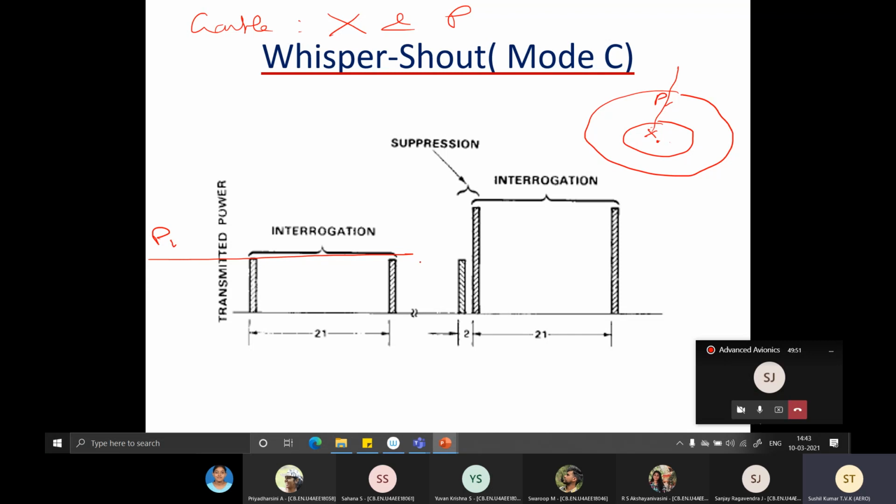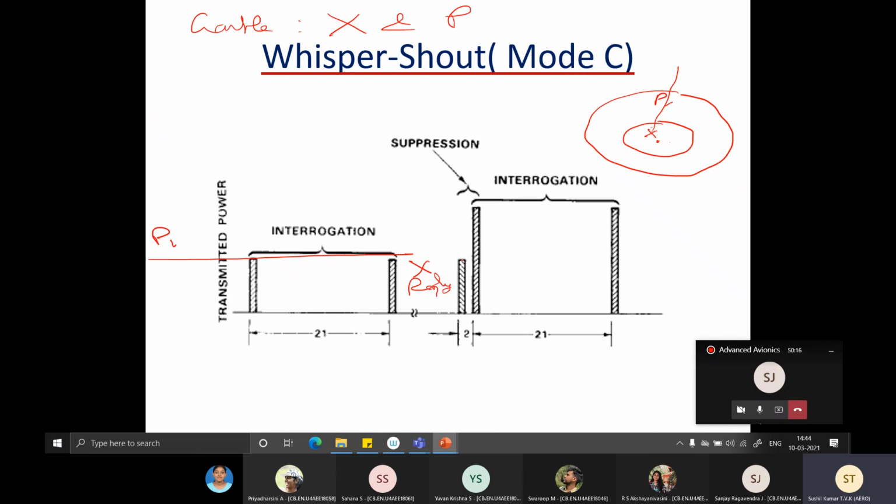And then X is going to reply. So you acquire X. In fact, at this point itself, you can even lock out X. But still, let's say you're not doing that lockout right now. The next interrogation pulse is preceded by one more suppression pulse.